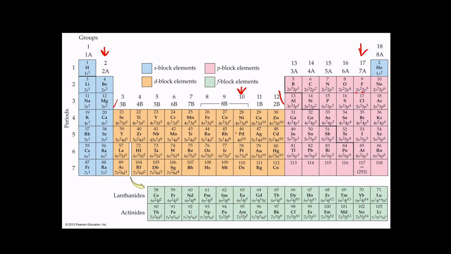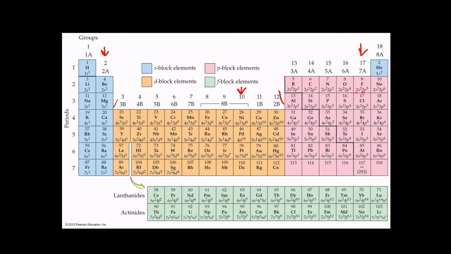Every element has a different electron configuration. Those transition metals tend to not follow the rules that we've set forward up to this point. So we're going to ignore those rule breakers for now and just assume that everything is going to follow the rules.